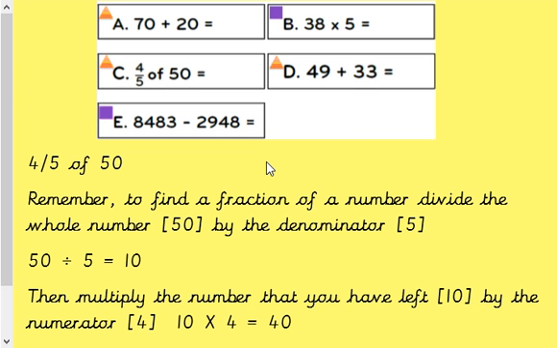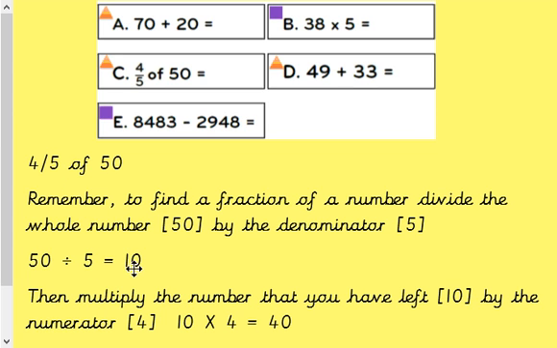Second question, 4/5 of 50. Now, remember, we've talked about this before, that when you're finding a fraction of a number, you should take the whole number, which in this case is 50, you divide it by the denominator. Okay, now in this case, that will get you 1/5. So 50 divided by 5 is 10.